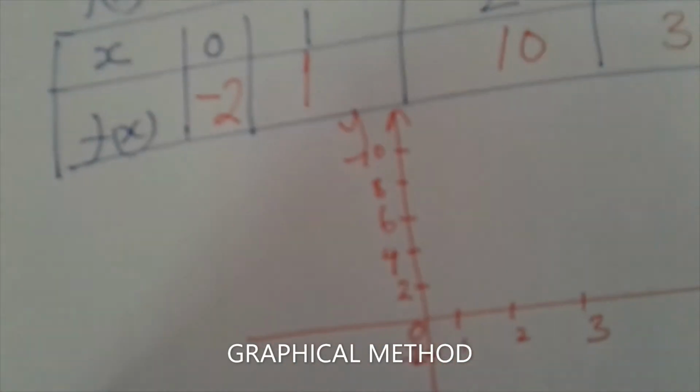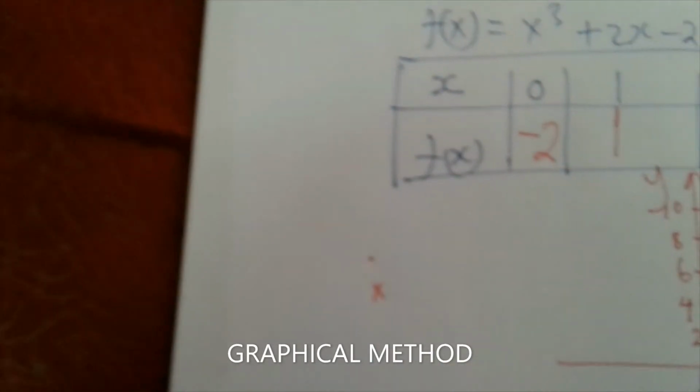Then you plot. You plot either using a sharp dot or a small x. These are not acceptable. We accept a dot, a sharp one, or a good x.